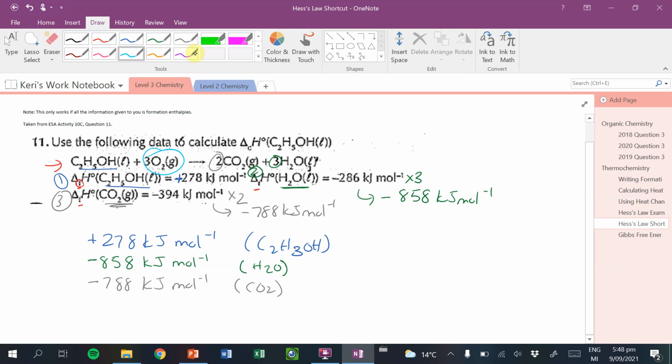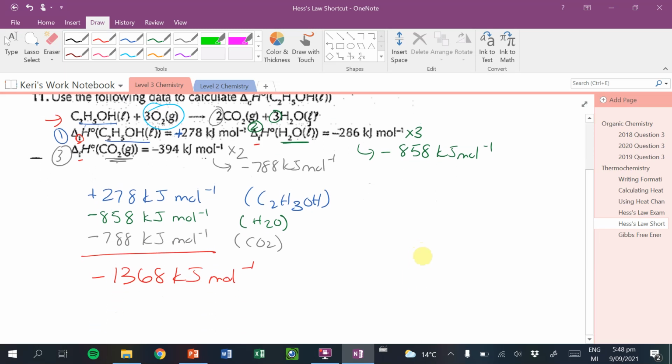So at this point now, I can put everybody together and figure out what my enthalpy value is. So 278 minus 858 minus 788 equals negative 1368 kilojoules per mole. Now, in this case, I would be getting a merit because I don't have my significant figures.